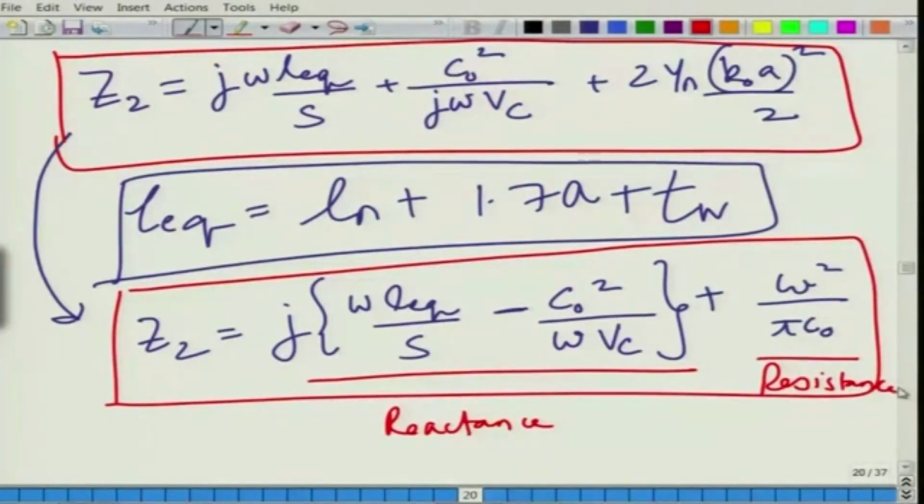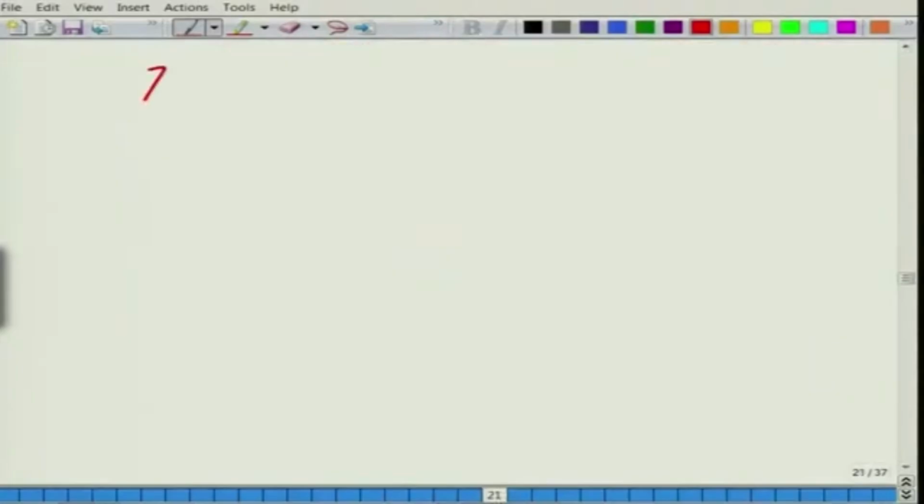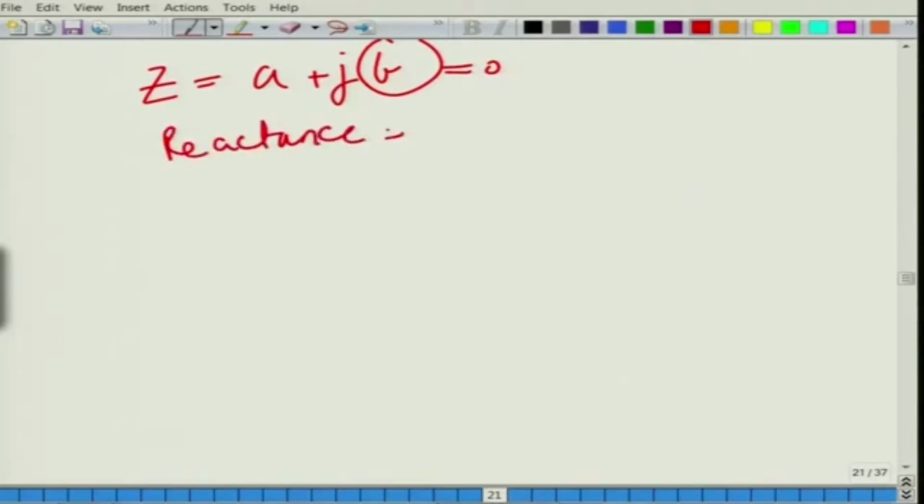So, one typical rule that we follow for getting the resonance frequency, when you know an impedance form, say A plus iB form, no matter how complicated A and B look, just by setting B equal to 0, the imaginary part, by setting reactance equal to 0, you can get the resonance frequencies.